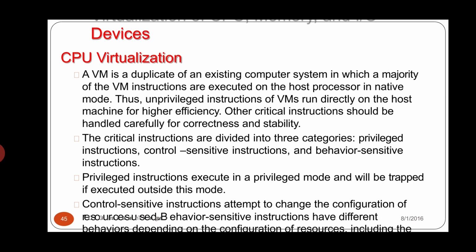The instructions running in supervisor mode are called privileged instructions. What are privileged instructions? The instructions running in supervisor mode. They execute in a privileged mode and will be trapped if executed outside this mode.